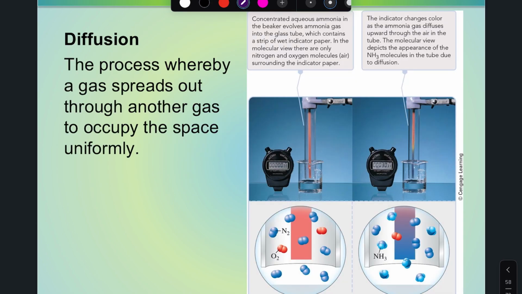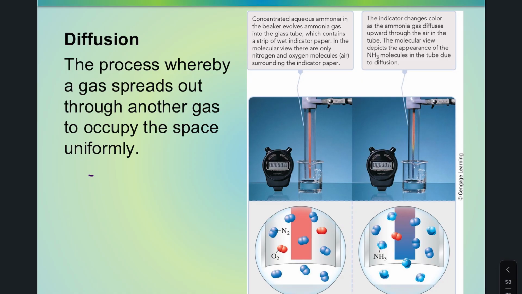Okay, so let's talk about another property that gases have. So we have diffusion here. A gas is able to spread out through another gas and occupy the same amount of space.